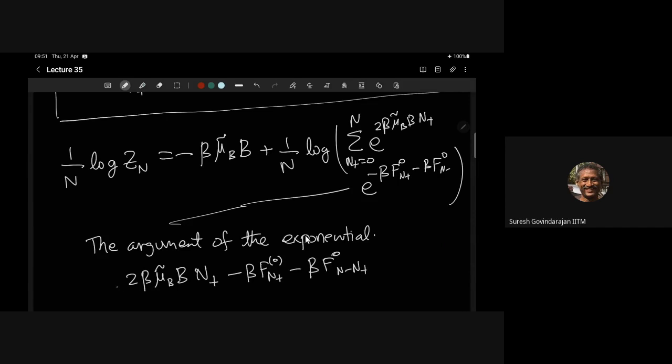So this is some function of b. This is some function. Okay, so let's call this function of what? Of n plus.